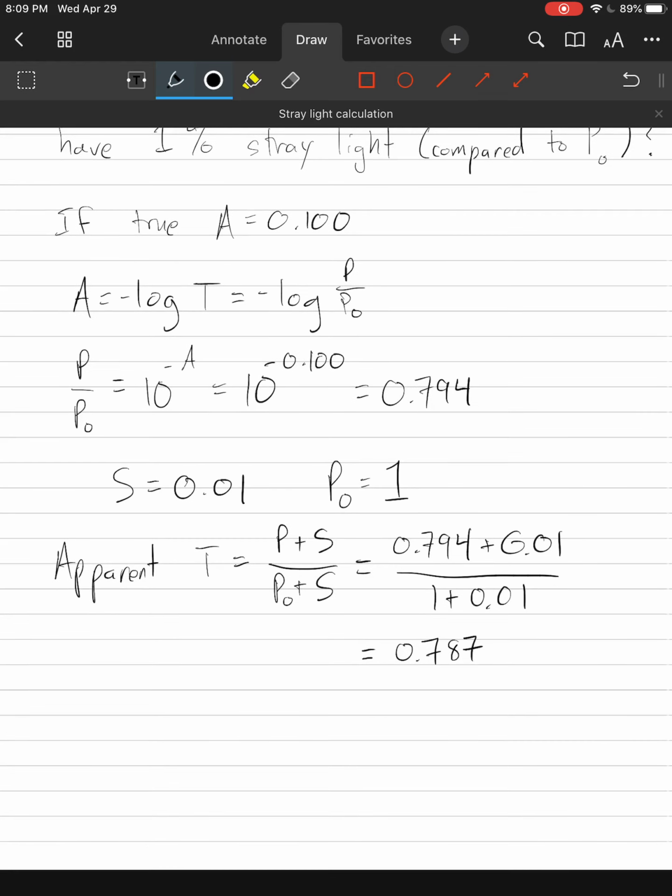We can plug that apparent transmittance in to get our apparent absorbance. That's the negative log of 0.787, which gives an absorbance of 0.104. So it causes a small difference, and written in terms of error, it's about a 4% error.